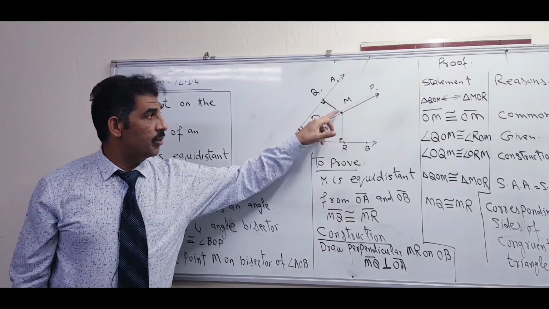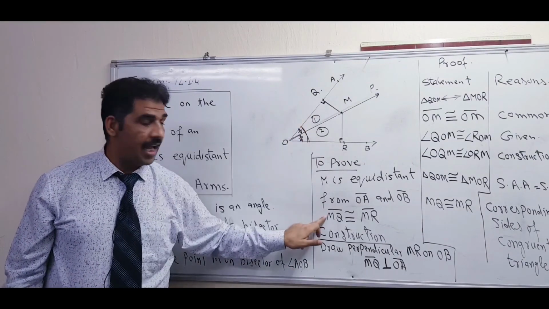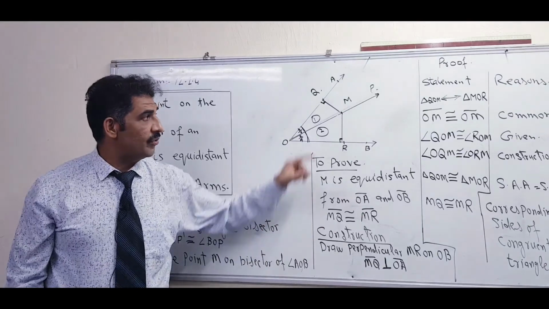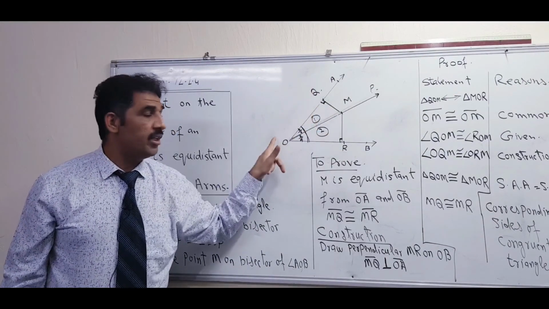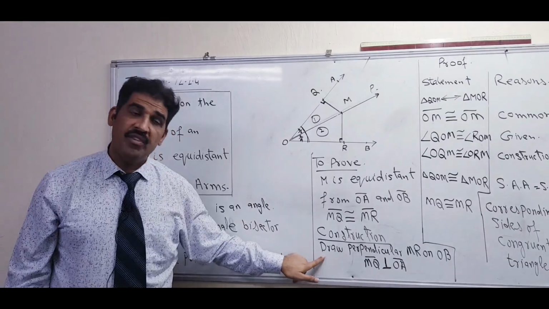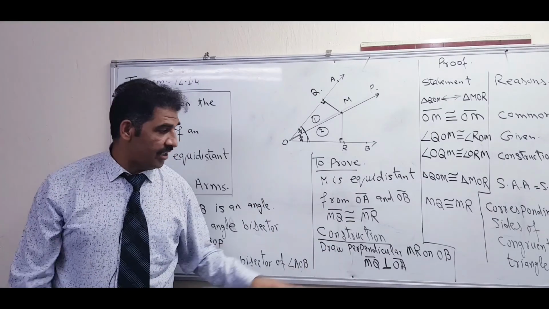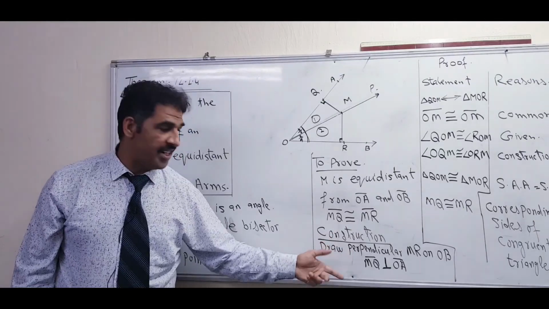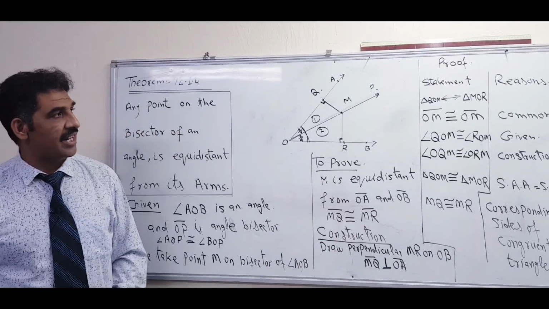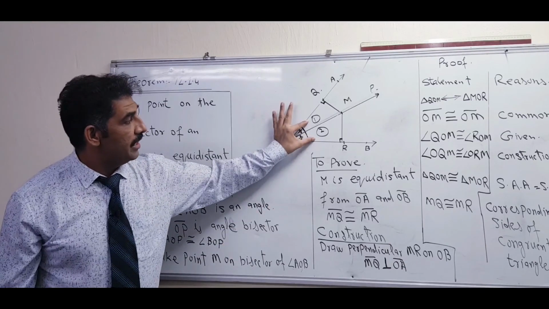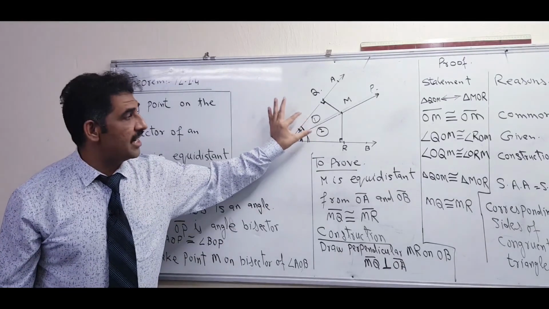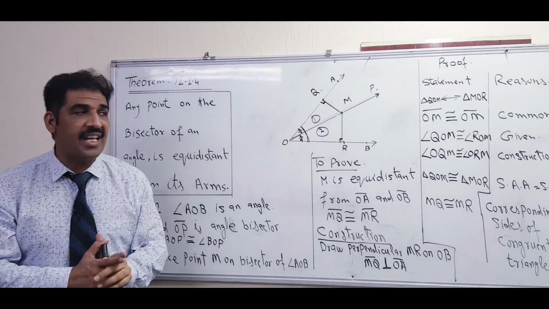So we have to prove that MR is equal to MQ, they are equidistant. So we draw the perpendicular MR on OB and MQ on OA. Here in wording or mathematical, both are correct. Even if you write both in wording or both in mathematical, both are correct. After that, statement and reason, because we have already been able to confirm the two triangles, then we will compare the two triangles.